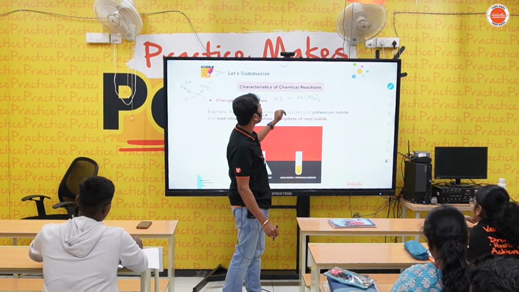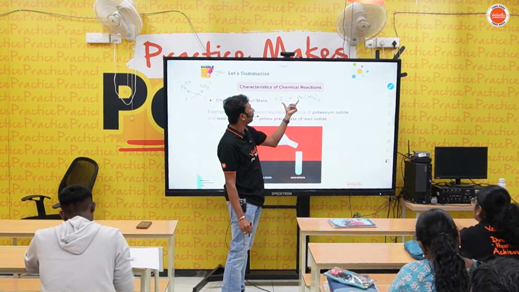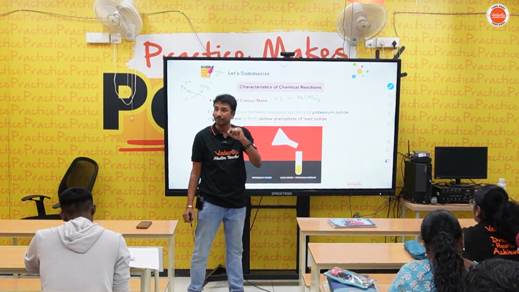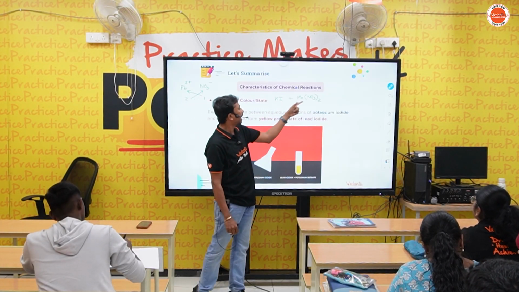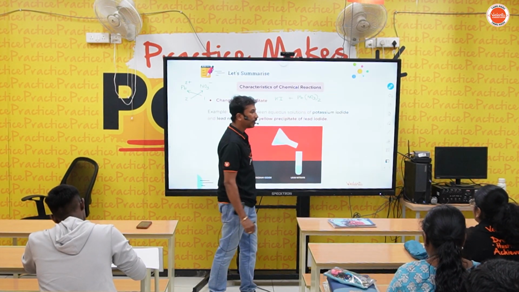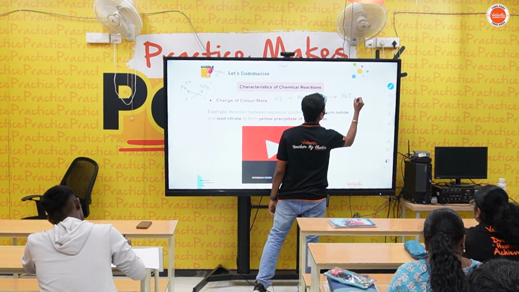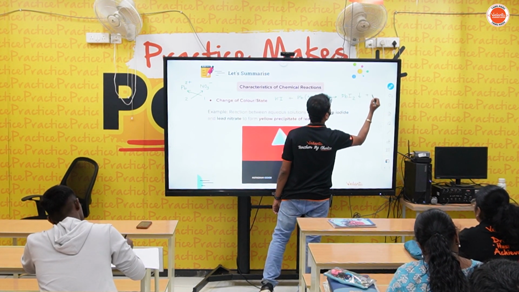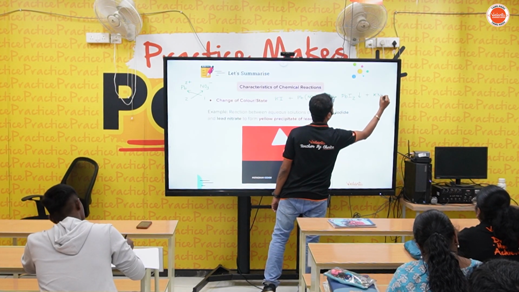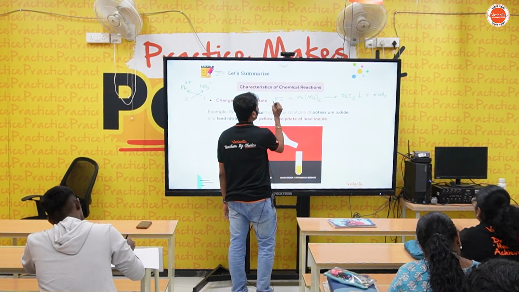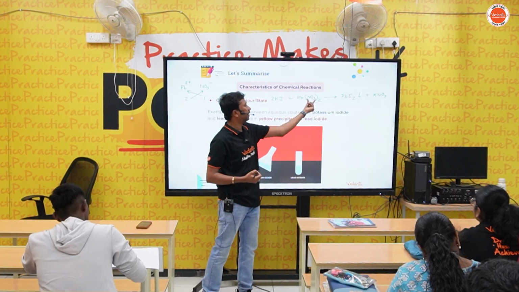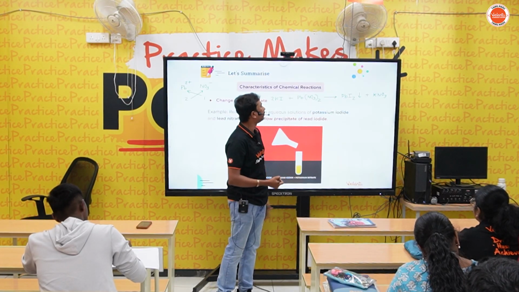Lead nitrate reacts with potassium iodide and forms lead iodide, which is a yellow precipitate, PbI2, and K and NO3 are going to form KNO3, right? So lead iodide is getting formed and precipitated, and at the same time KNO3 is formed. You have 2K, so 2K will take 2NO3, so 2KNO3 will be formed.